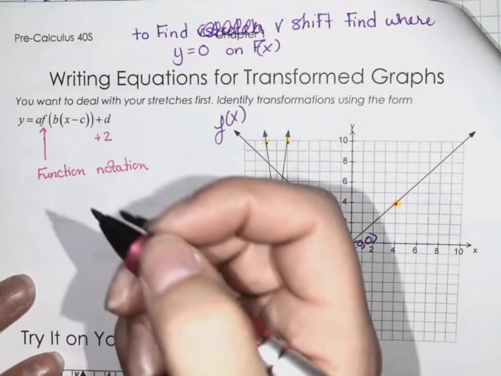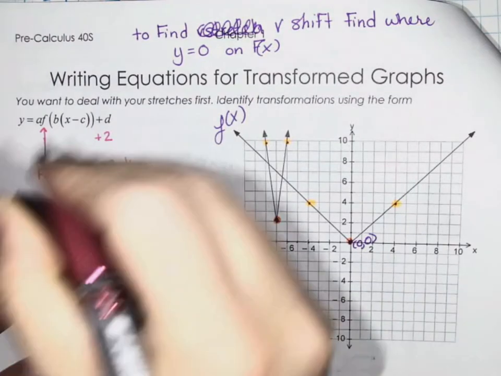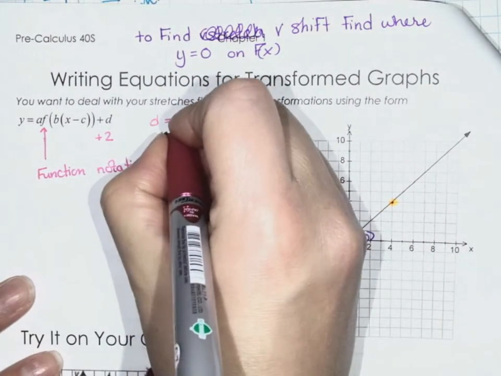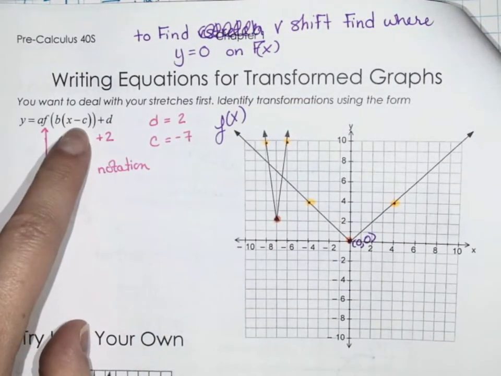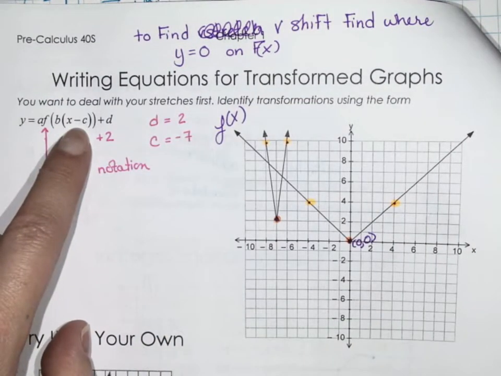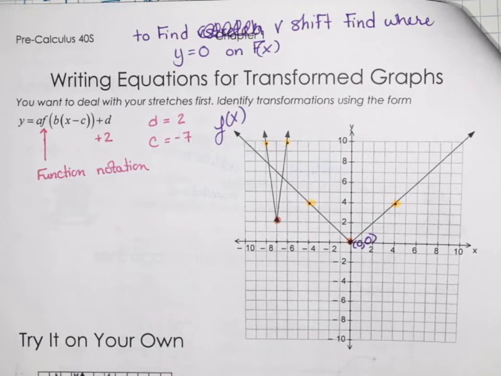Okay, we'll go with that. Okay, so D we said was 2. C is actually going to be a negative 7, because when you put it into the equation, it's going to be like subtract a negative, which changes to a positive. Okay. All right. Are we good? Sorta, kinda? Okay, we did our shifts.